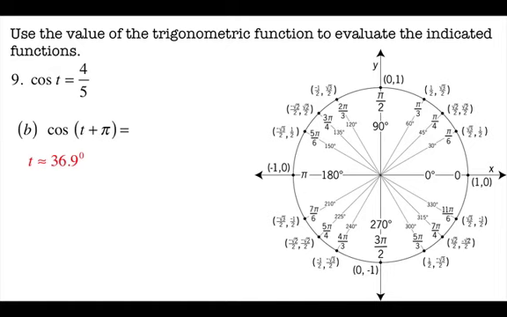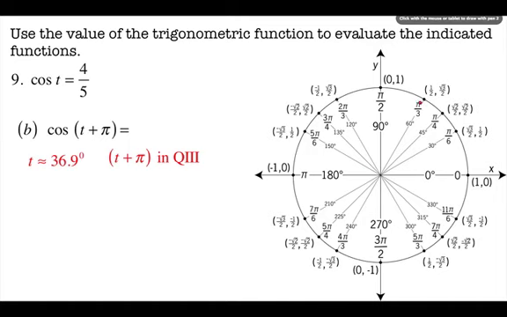B, same directions, same angle t, and they're giving you 4/5 for cosine. Then I know that cosine of t plus pi, since t is 36.9, lands in the third quadrant. So I'm looking at a relationship between quadrant 1 and quadrant 3 between the angles.